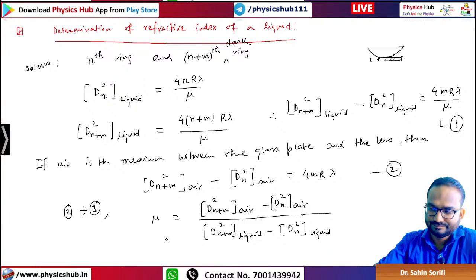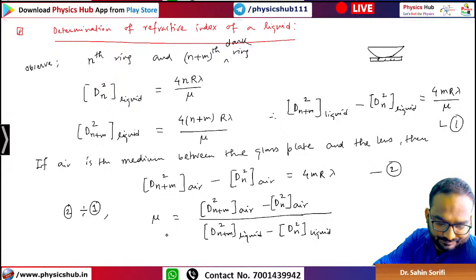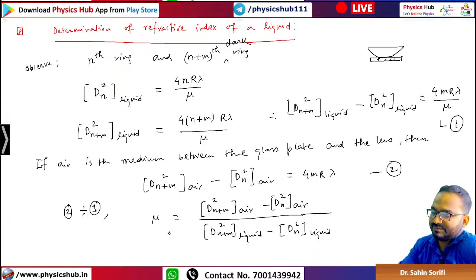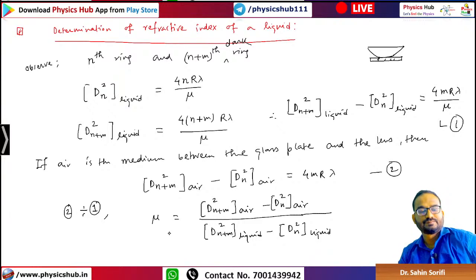Clear? Tell me. Is there any question from this Newton's ring? We are going to solve some problems.